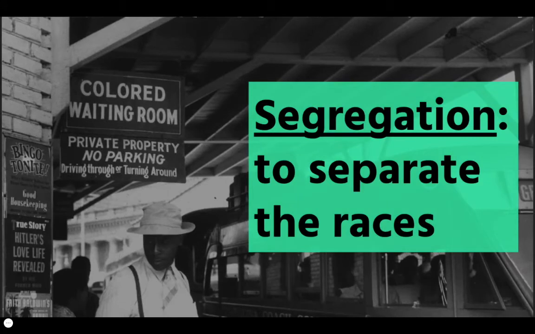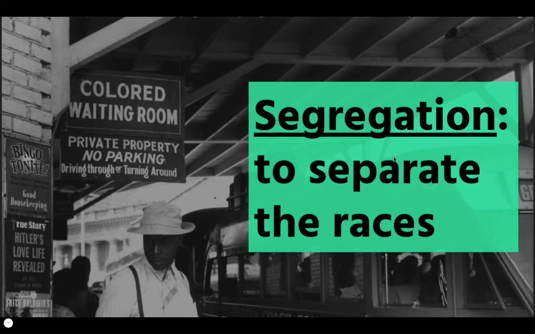So just because the Civil War ended and just because those amendments were passed, obviously doesn't mean everything was fine. In fact, during this time period, we have a serious problem, and that problem is segregation. What segregation means is to separate the races, have certain spaces or things available for white people and other spaces reserved for people of color.